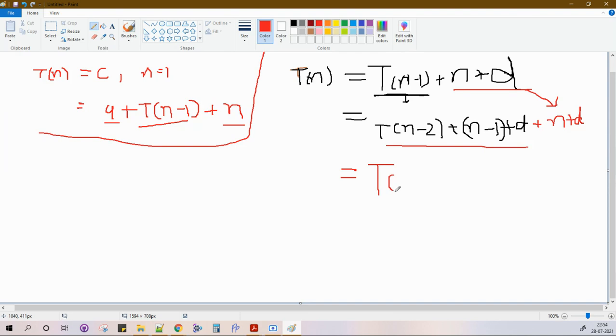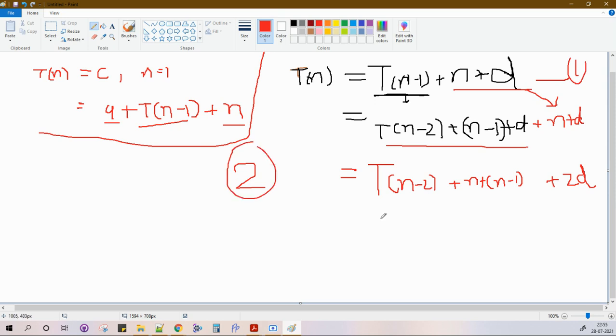So it will look something like this: t of n minus 2, n plus n minus 1, right? And don't write 2n minus 1 like that. Just a tip. Plus d is nothing but 2d. So this is nothing but the second recursive call. This is the first recursive call. What will happen at the third recursive call? T of n minus 2 would be, I hope you get this right, guys, n is nothing but n minus 1 here and n here. So t of n minus 1 is nothing but n minus 2 here and n minus 1 here, right?